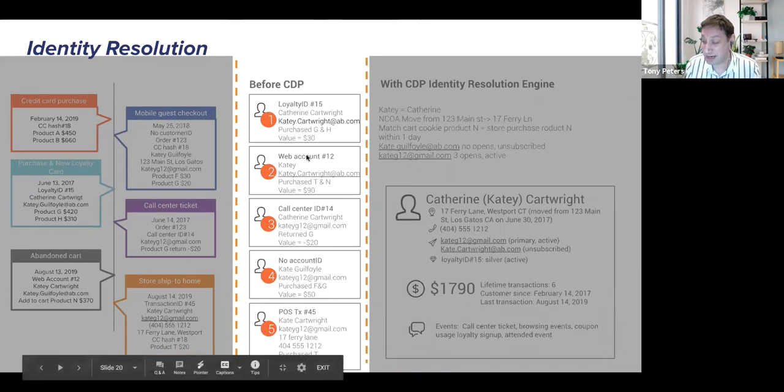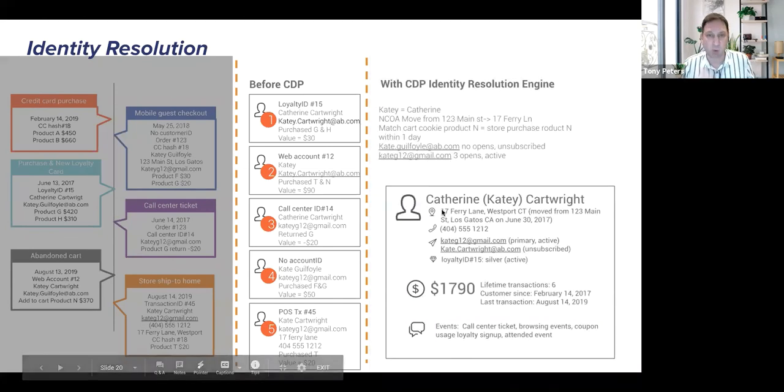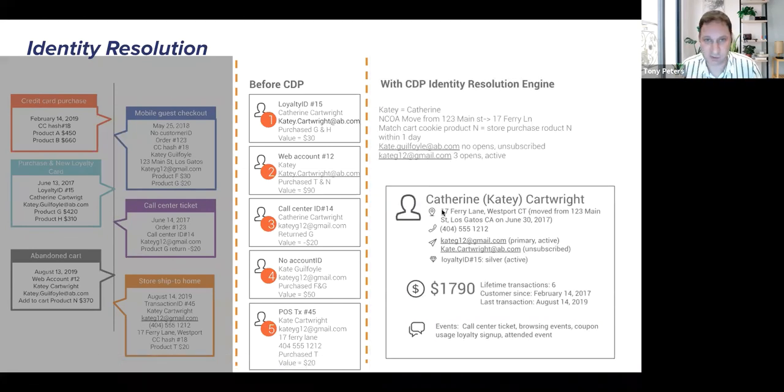But we're able to resolve that within the CDP and say, this is one person and this is their lifetime value of what they've done. Because if you don't have that identity resolution, your metrics can start to get very skewed, and you don't get great insights into what is going on. So identity resolution is important when you're bringing that data together and being able to act on it.